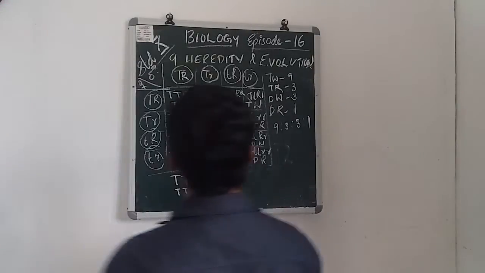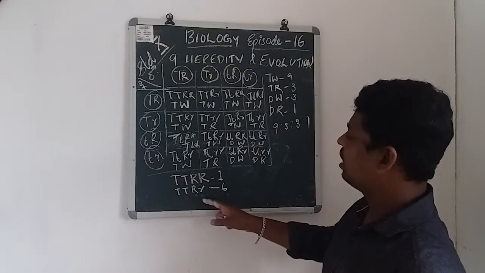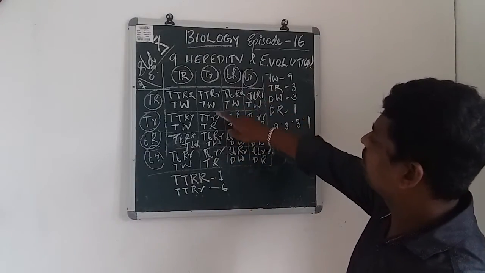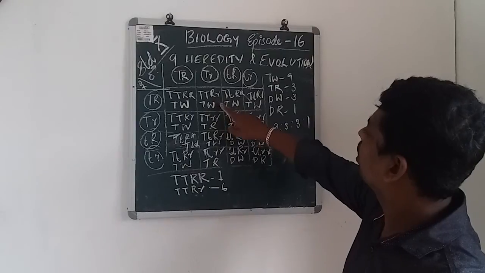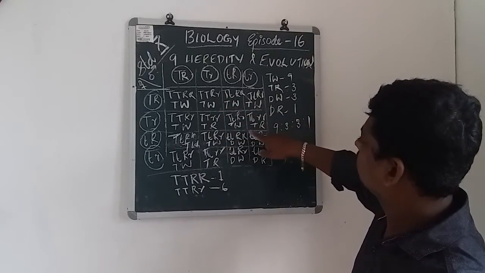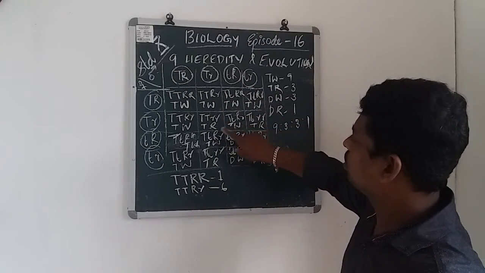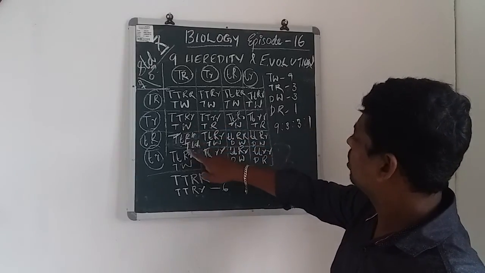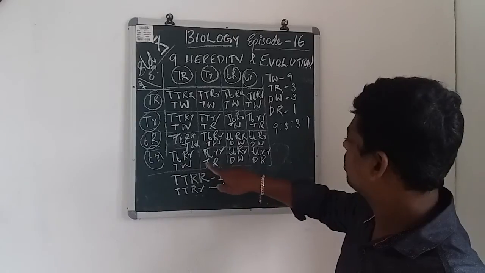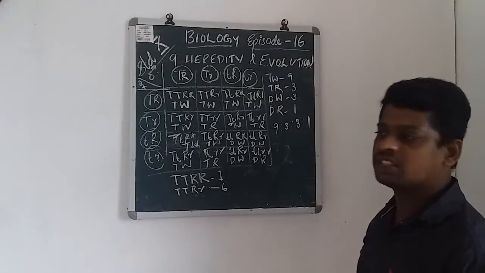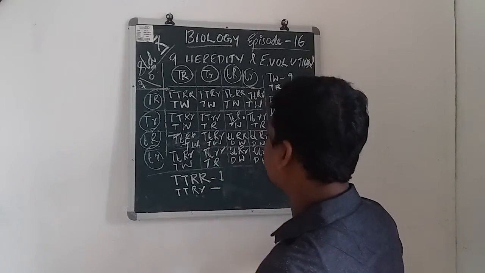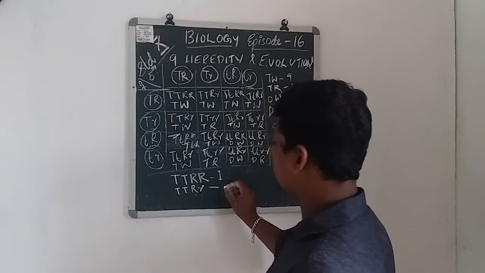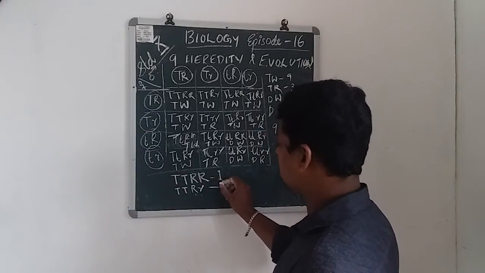Capital T, capital T, capital R, small r. Look at 1, 2, the number is 2. Capital T, capital T, capital R, small r is 2.